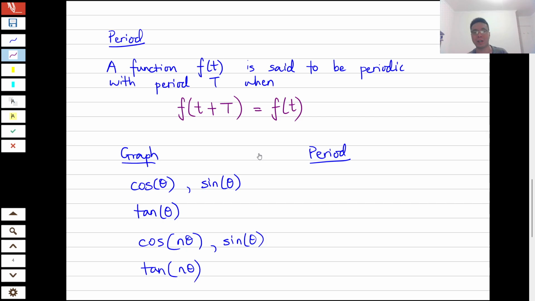And it doesn't matter which value of lowercase t I pick, no matter where I am, if I shift the graph t units, I get back to the original graph.